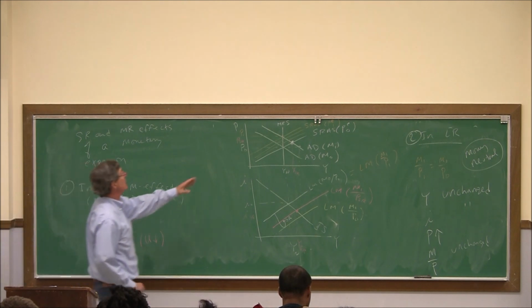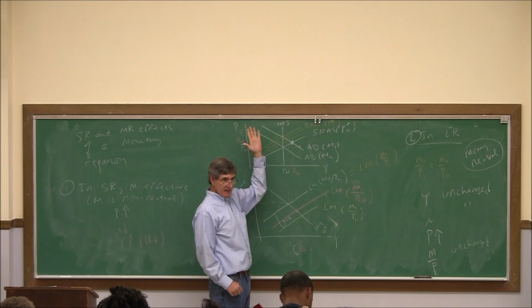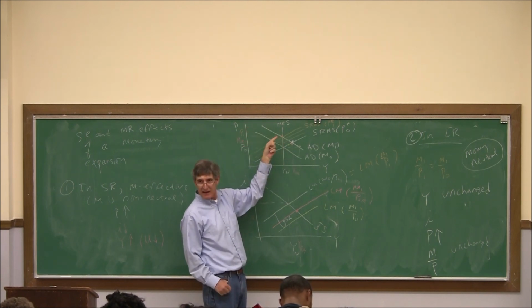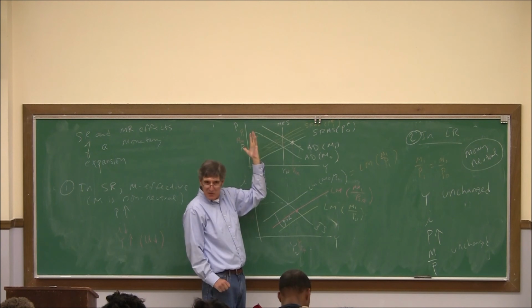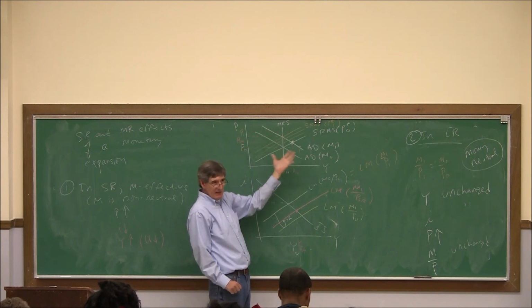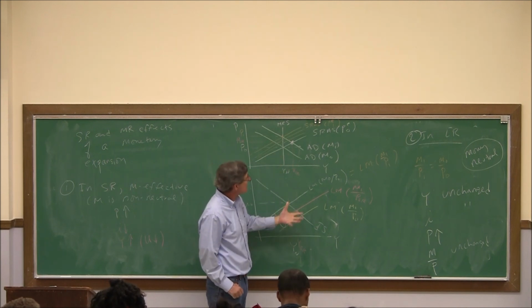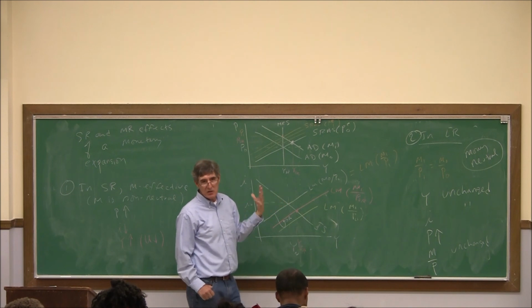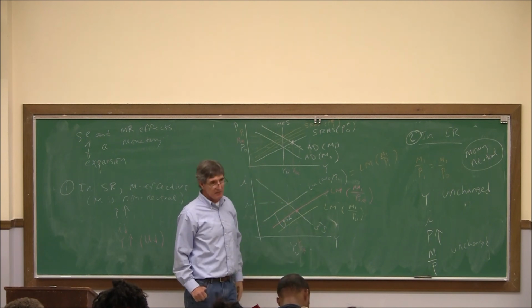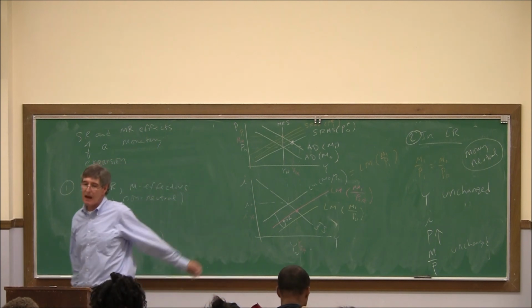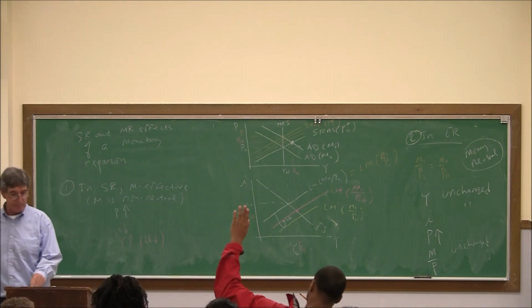So if this adjustment is really fast, if you increase the money supply, and the next week this thing's just back, you can't really do much with monetary policy. It's not going to be very effective at shifting output for very long. So the effectiveness of your policy depends critically upon how fast those curves adjust. Again, we'll come back to those questions later. Right now, we're just mechanically working it all out.